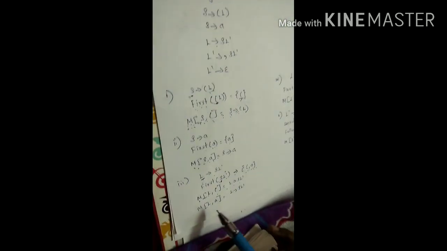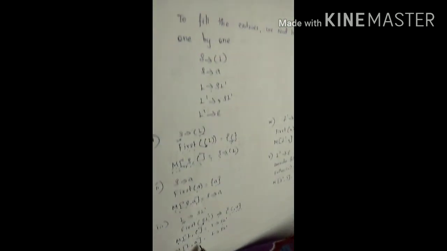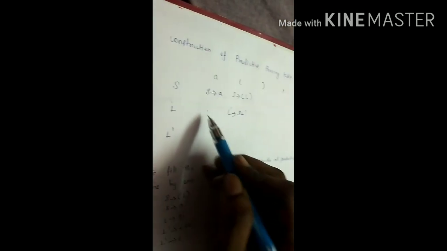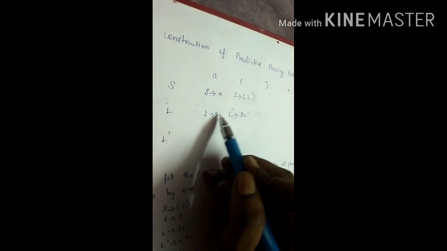Next, M of L comma A equals L tends to SL dash.